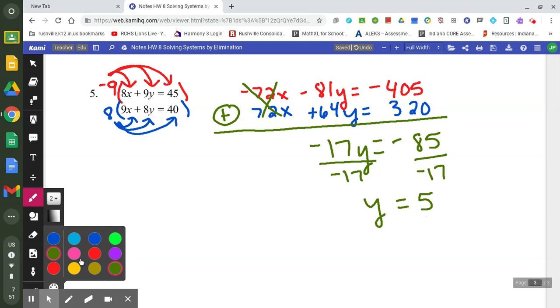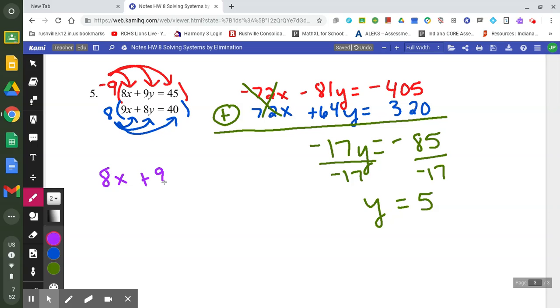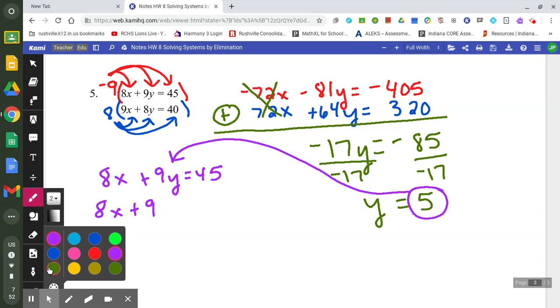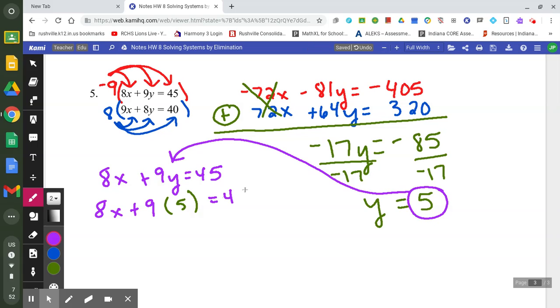And then to find the x value, I'm going to go back to my first equation. 8x plus 9y equals 45. And I'm going to take this 5, put it in for the y. So now I have 8x plus 9 times 5 equals 45.